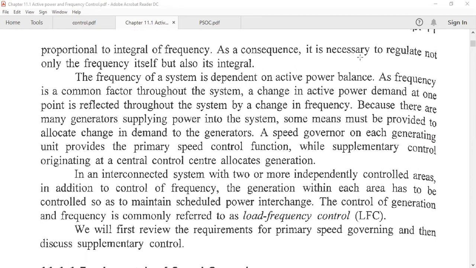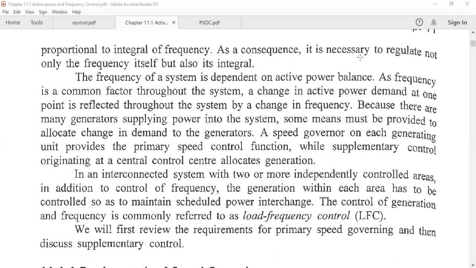As we know, we have an interconnected system with many generators, all connected together to a common grid system. So any change in the active power demand at one point will be reflected throughout the system because it is interconnected, and because of that, the change in the frequency is reflected throughout the system.